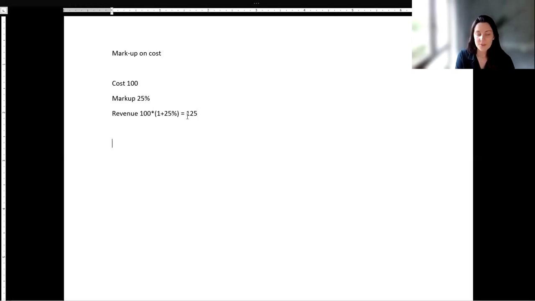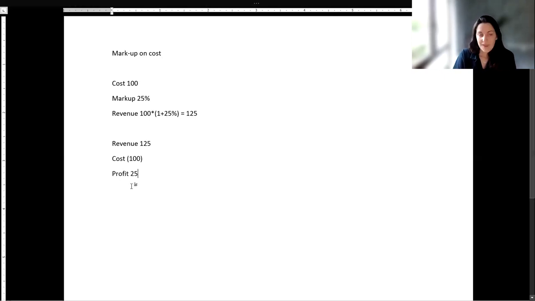And your P&L is going to look like revenue 125, cost 100, and your gross profit is going to be 25. So if you are given a markup of 25%, then this means that your profit is cost multiplied by markup.